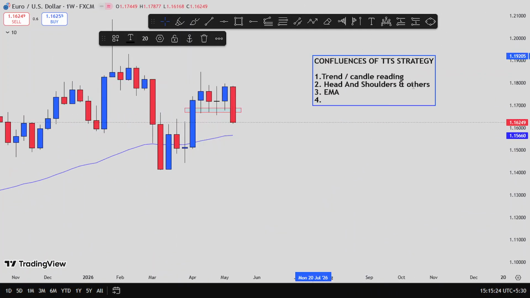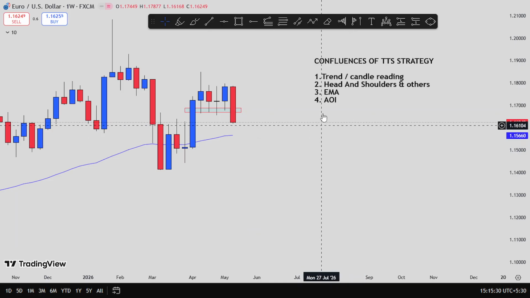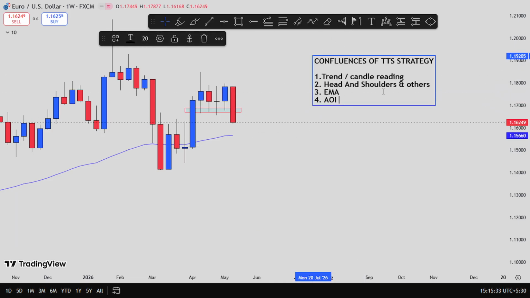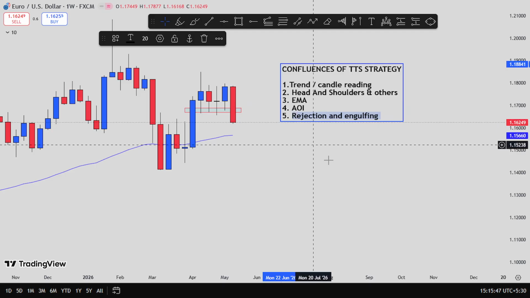One more thing we missed out, I'll write it over here, is the AOI, area of interest, the area of interest which we drew over here. Now after these 4 things, we also had the rejection and engulfing candles.